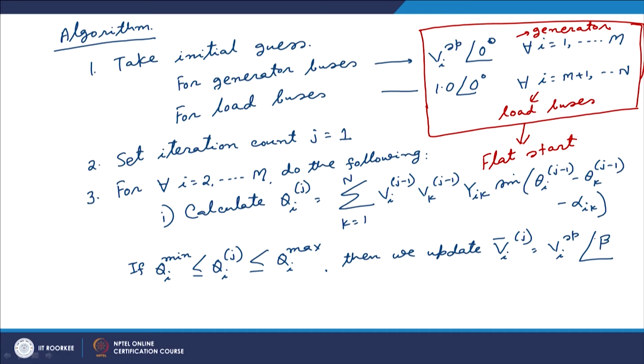What we are saying is that if this actual value of reactive power is well within the limit, then this voltage magnitude will remain at its specified value. So, the voltage magnitude remains at the specified value Vi specified, but we are only calculating its angle. Now, what is this angle?